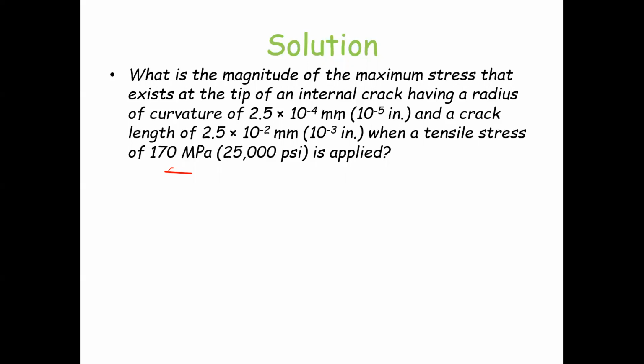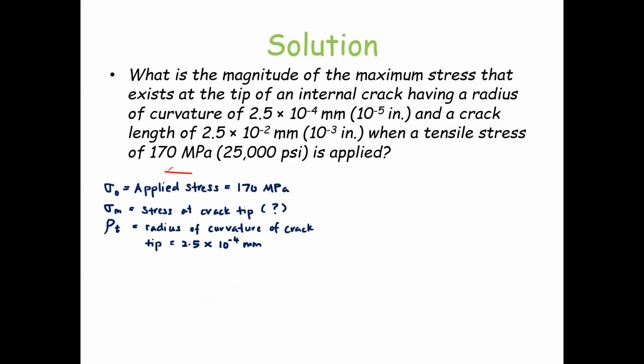And rho t is the radius of curvature of the crack tip, equal to 2.5 times 10 to the power of negative 4 millimeter, or 10 to the power of negative 5 inches. So this is the equation that we are going to employ in this question.